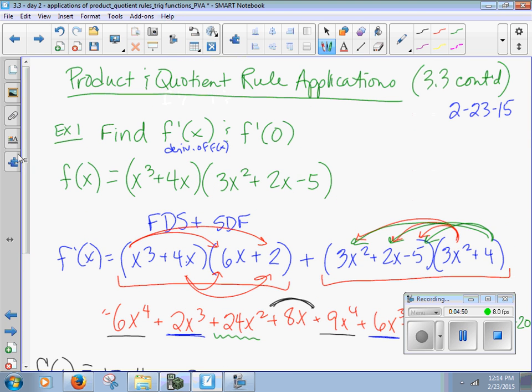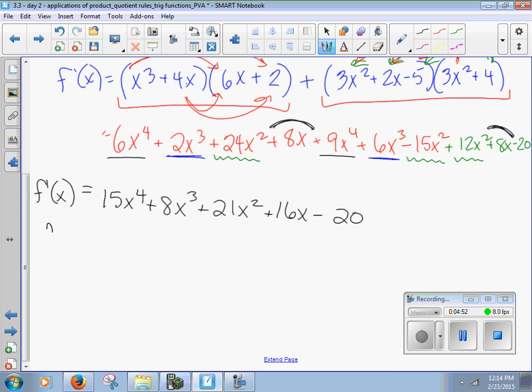Because if I said, hey, what's the slope when x is 3? That's the derivative. It's the slope equation of the secant line, right?